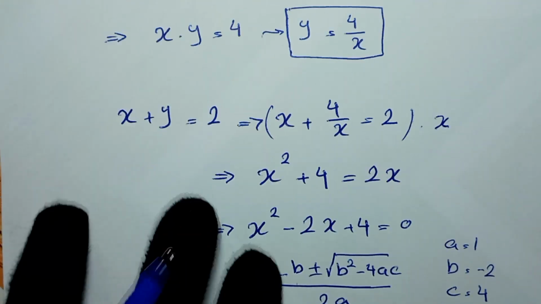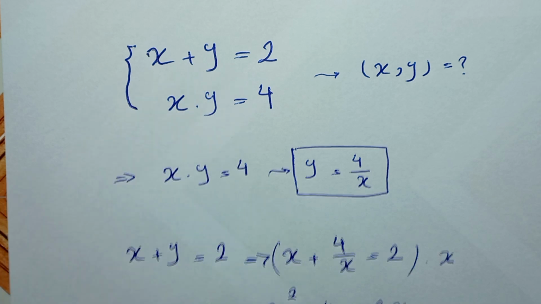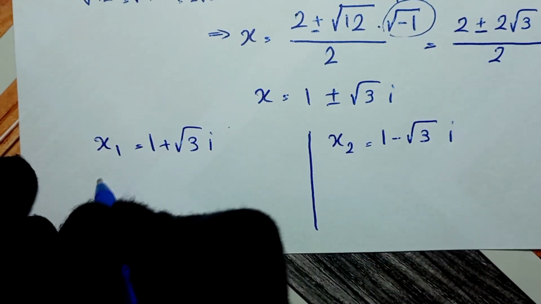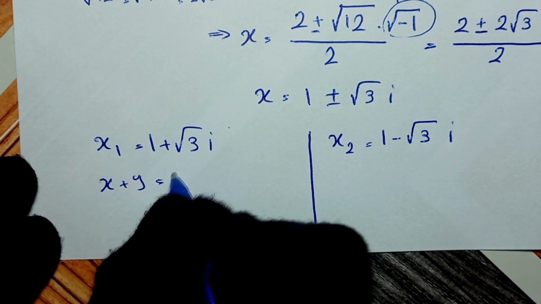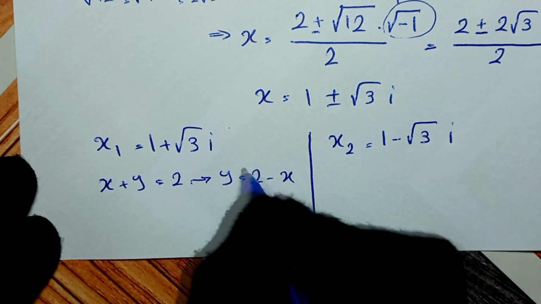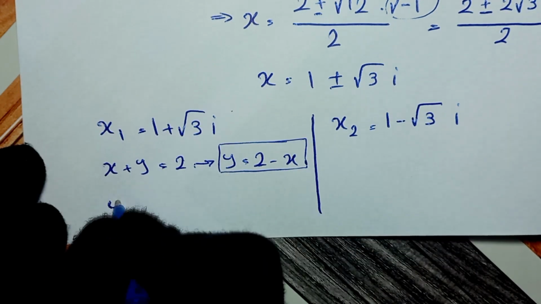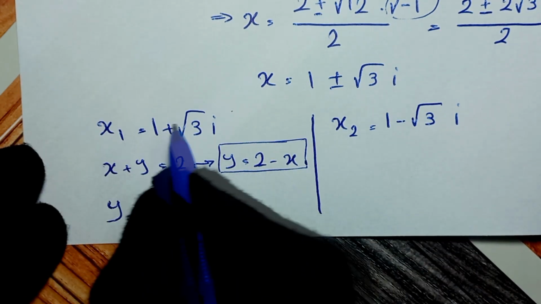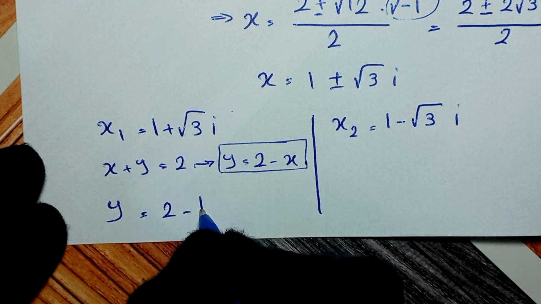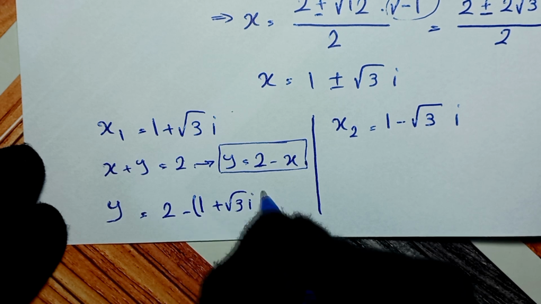And here, x plus y is equal to 2, and here y is equal to 2 minus x, right? So y is equal to 2 minus x, where x here is 1 plus square root of 3i, so it will be 2 minus 1 plus square root of 3i.